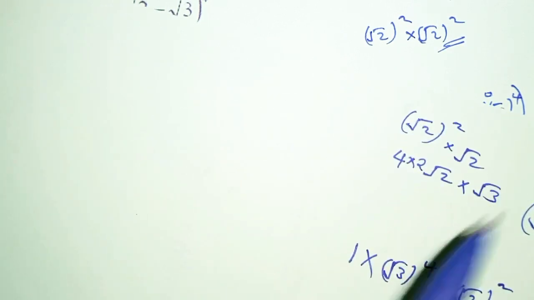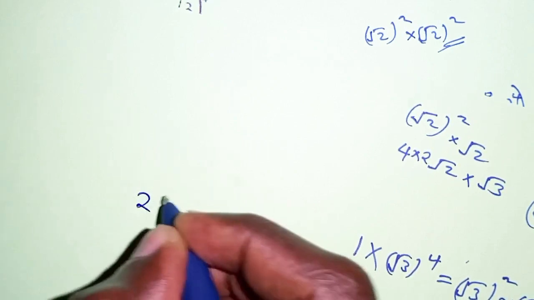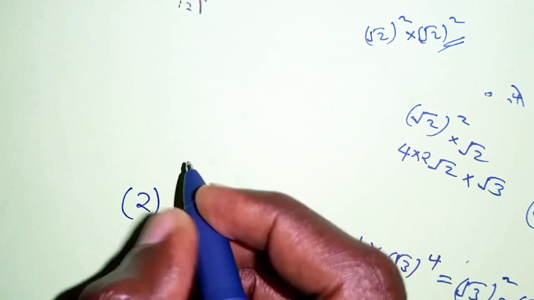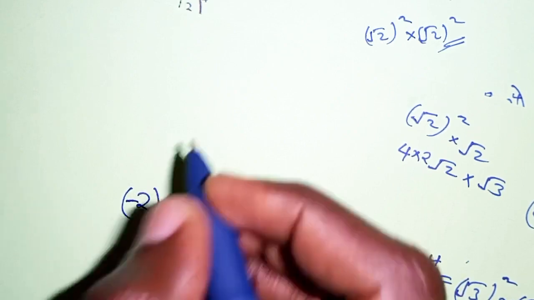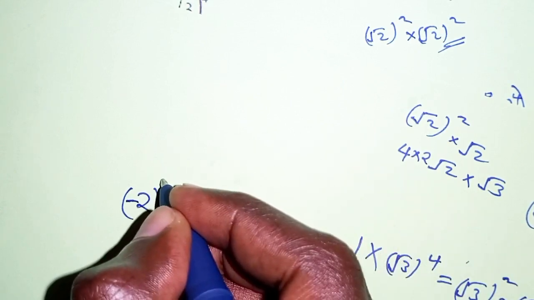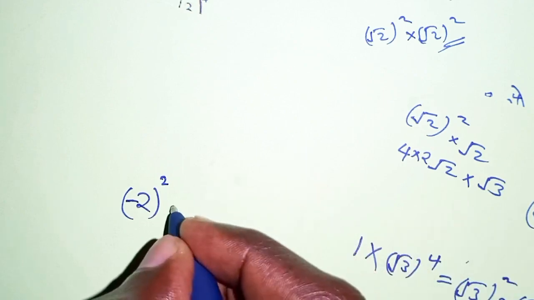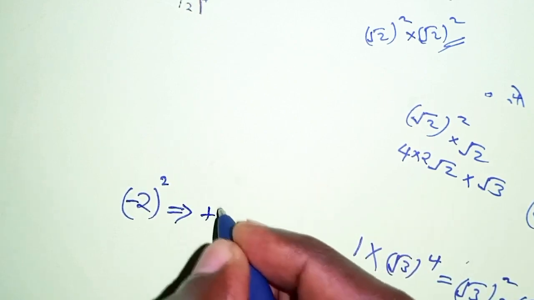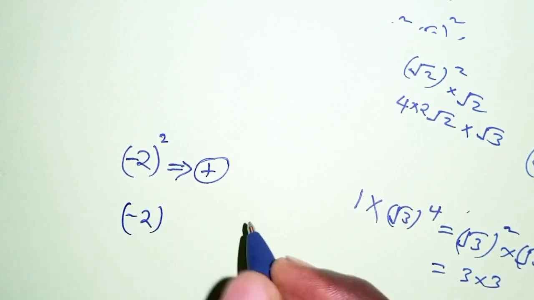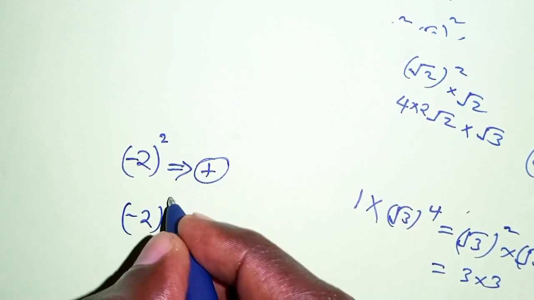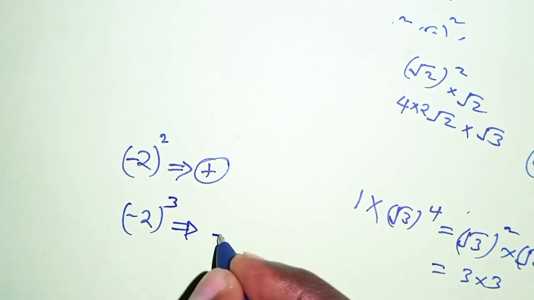Remember, if you are given a negative number, let's say negative 2, and then you raise it to an even power, say 2 or 4, 6, and so on, then the result should always be positive. And if we have a negative number, say negative 2, and then you raise it to an odd power, say 3, then the result will always be negative.